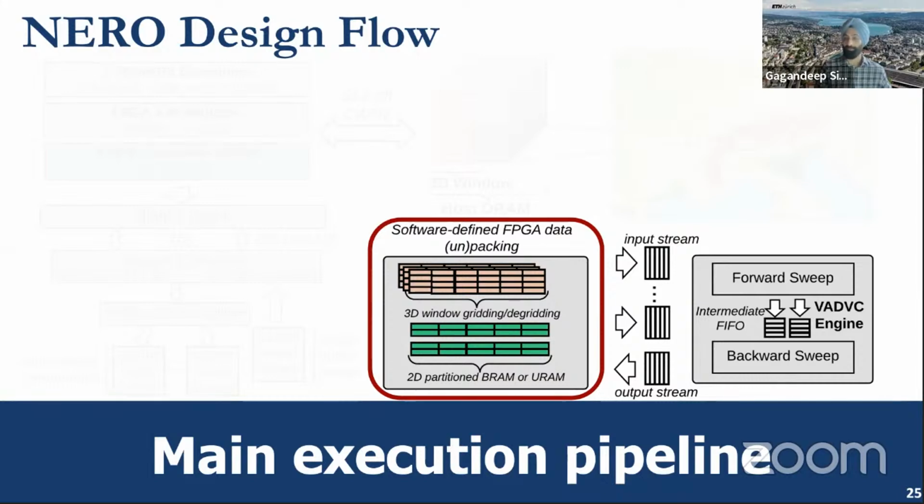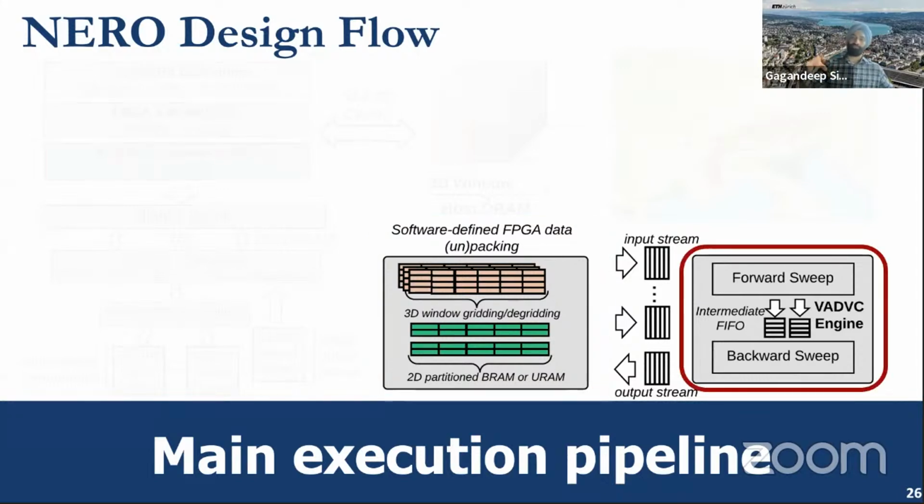On the processing side, I show the vertical advection kernel here because it's a bit more complex than horizontal diffusion. The way it operates is we have a forward sweep and a backward sweep. First you perform a couple of computations on the input data, going in the forward direction, and then you buffer those results in a FIFO.